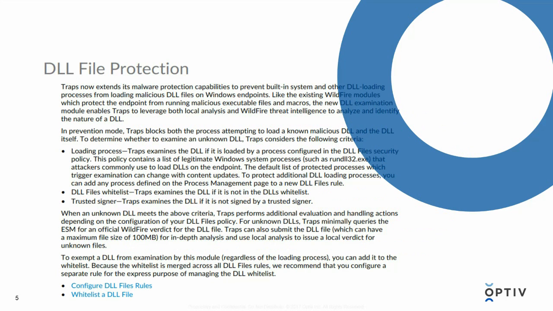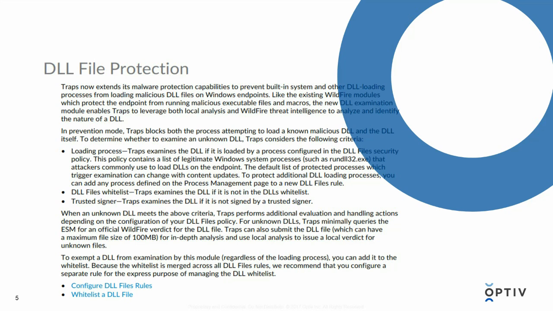Our next feature is DLL file protection. Traps now extends its malware protection capabilities to prevent the built-in system and other DLL loading processes from loading malicious DLLs on Windows endpoints. Like all the other WildFire modules, which protect the endpoint from running malicious executable files and macros, this new DLL protection enables Traps to leverage both local analysis and WildFire threat intelligence to identify the nature of the DLL.